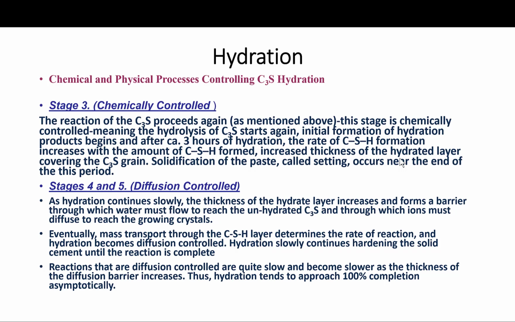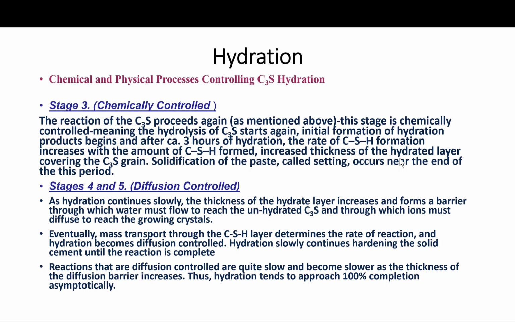Okay, so stage 3, well, this stage is also chemically controlled. The reaction of C3S proceeds again, as mentioned above. This stage is chemically controlled, meaning hydrolysis of C3S starts again.